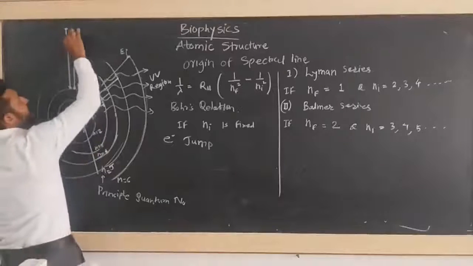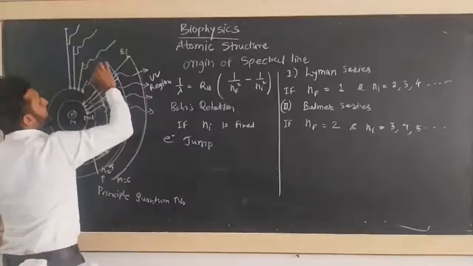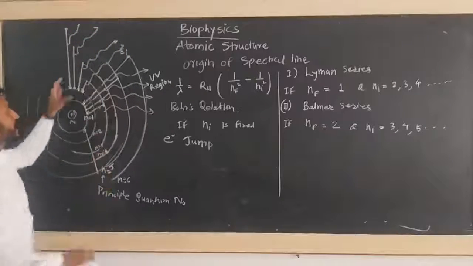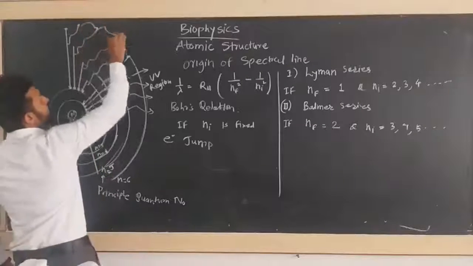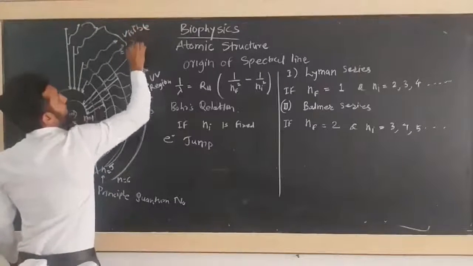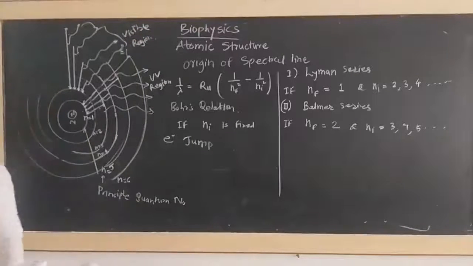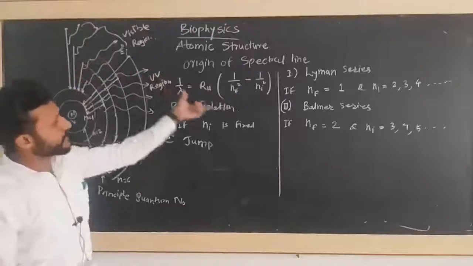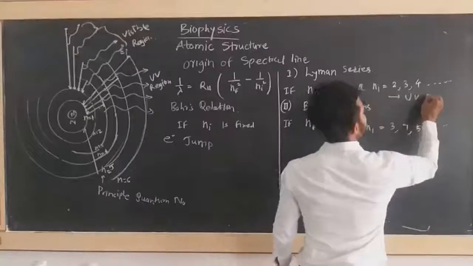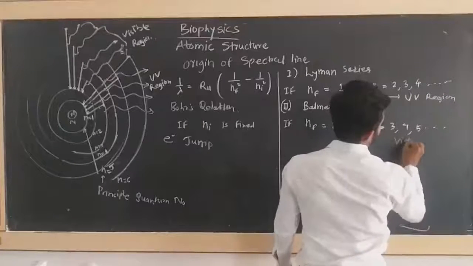During this process, some amount of energy is released in the form of radiations. These electromagnetic radiations are in the visible region. So this is the Balmer series. So UV region, visible region.